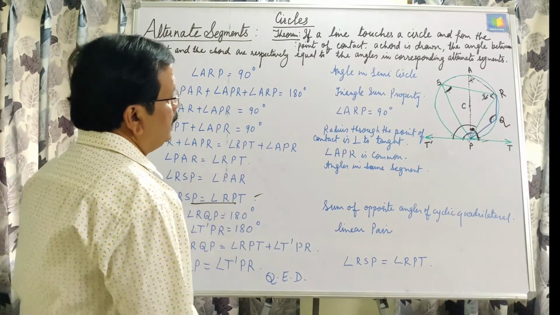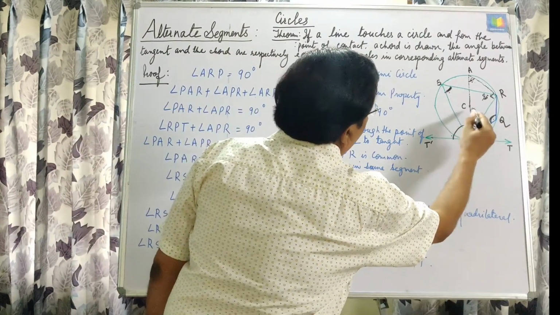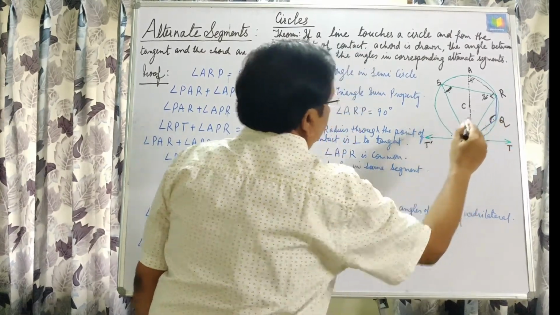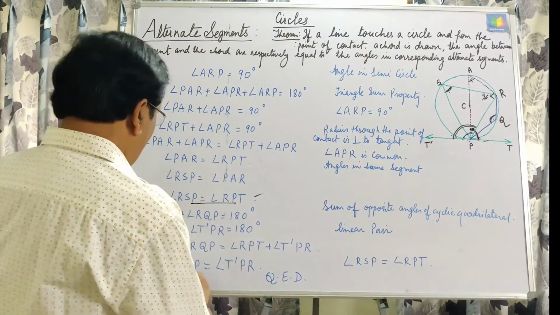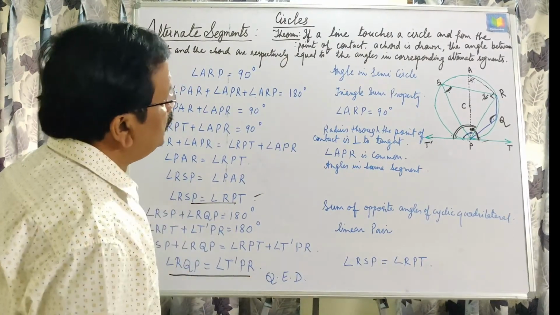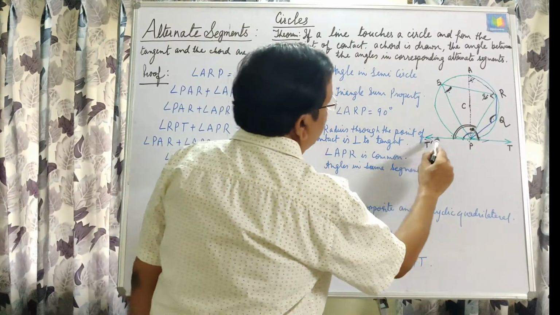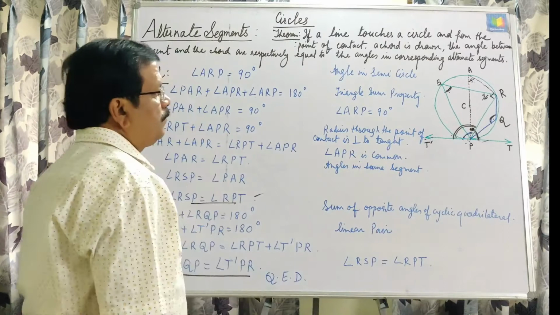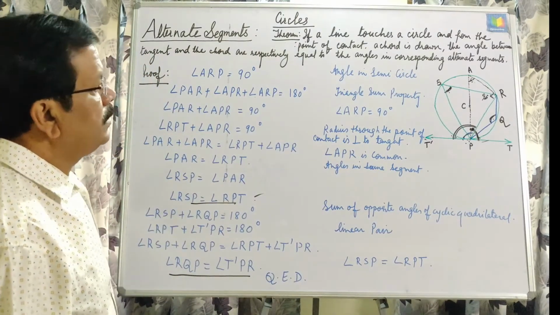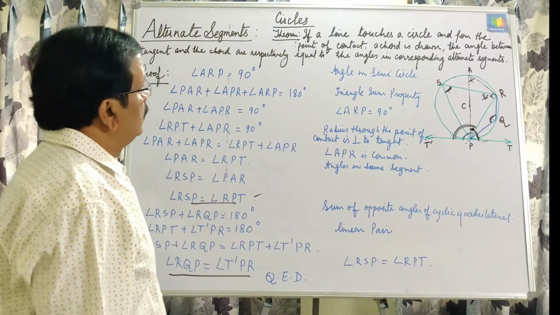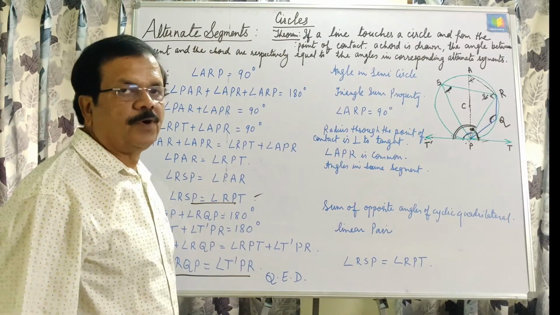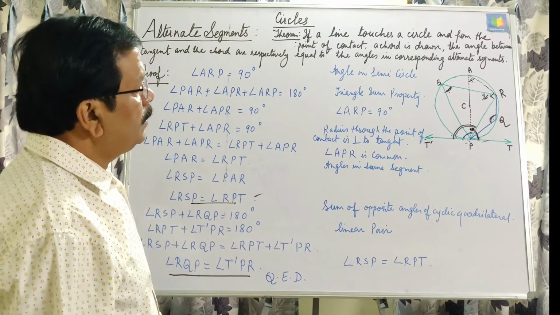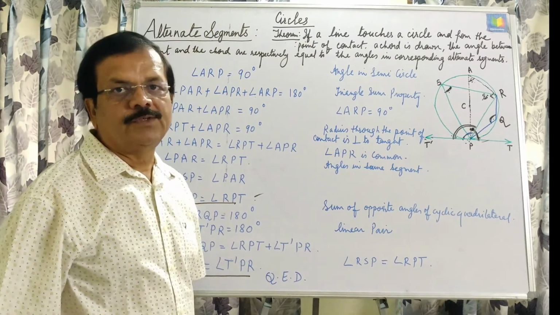Then since this is common, this angle is equal to this, and that is why angle RQP is equal to T dash PR. This is what we had to prove, that angles in alternate segments are equal, and this is a very important theorem. With the help of this theorem we will solve certain questions also.